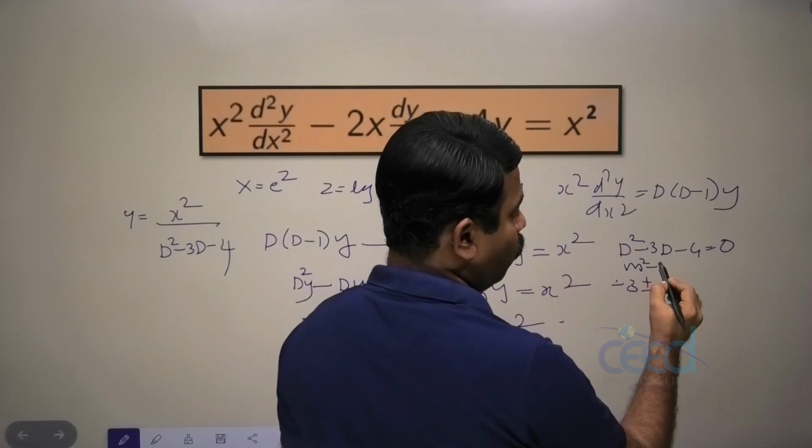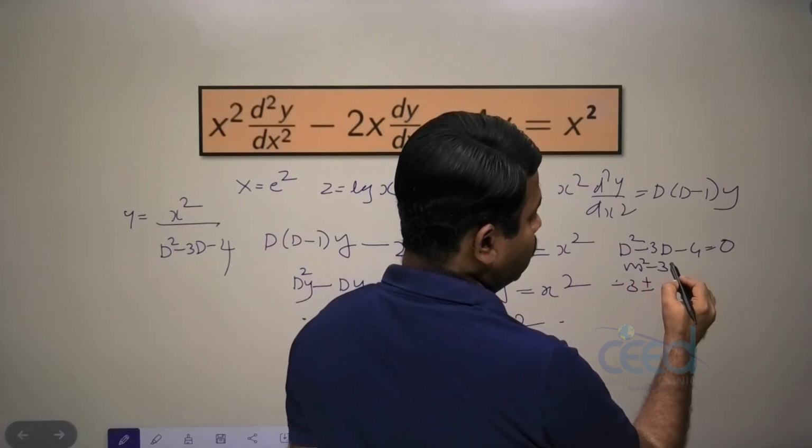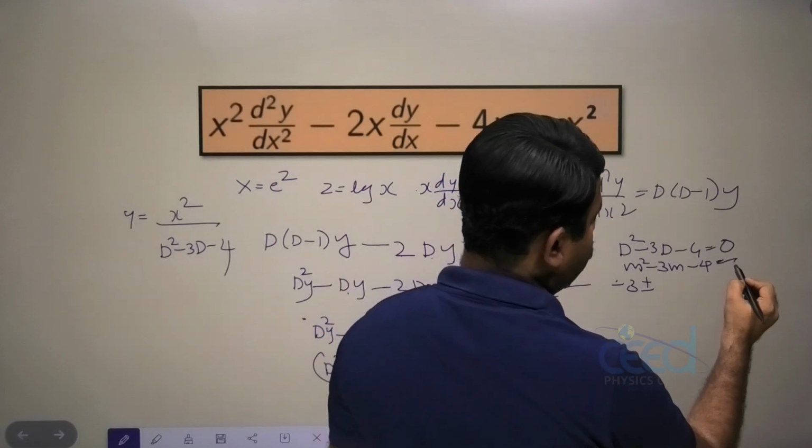See, first find the auxiliary equation: m square minus 3m minus 4 is equal to 0.